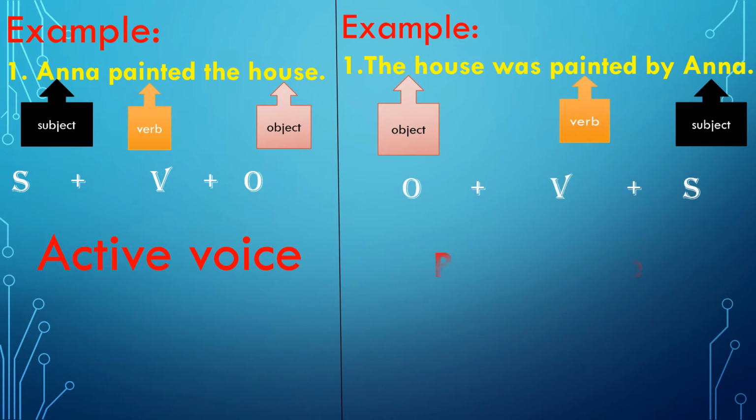As you can see, object plus verb plus subject, so it is known as passive voice or a passive sentence. So, the house was painted by Anna. This sentence is known as passive voice.